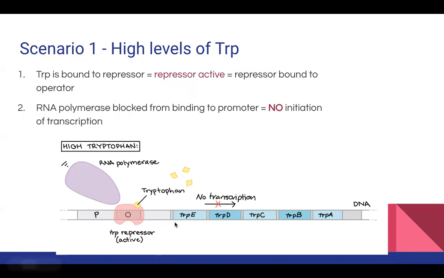So in this case, attenuation can't even happen, because attenuation is a mechanism used when there's enough tryptophan in the cell that it shouldn't create proteins to make tryptophan, but there's not quite enough to trigger binding of repressors to the operator. So there's no initiation in the case of high tryptophan where it's binding to the operator. There's no initiation of transcription at all.